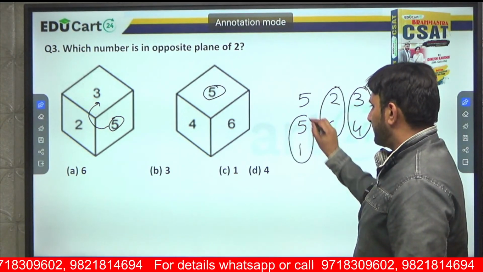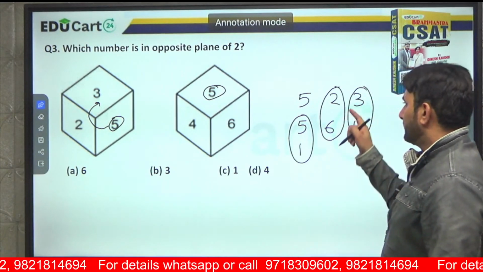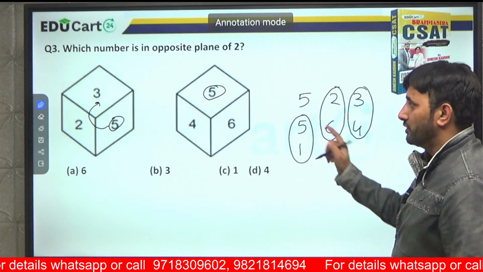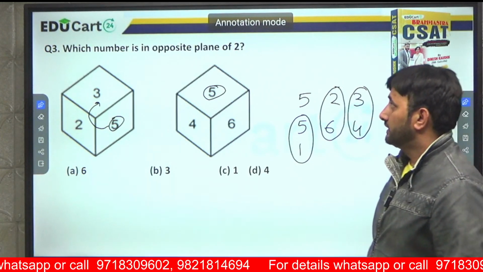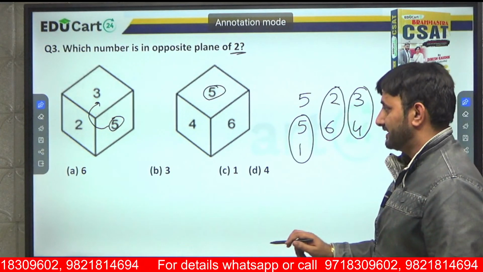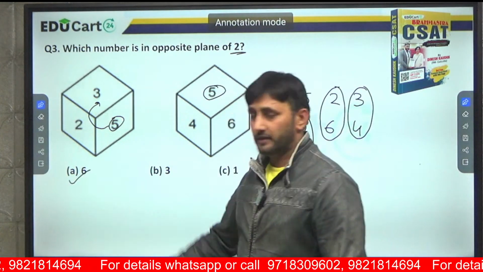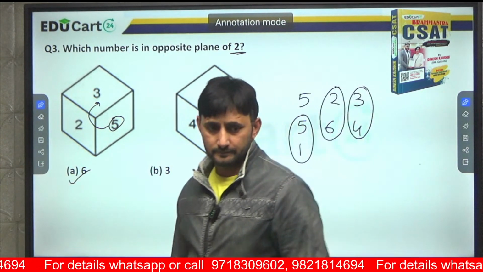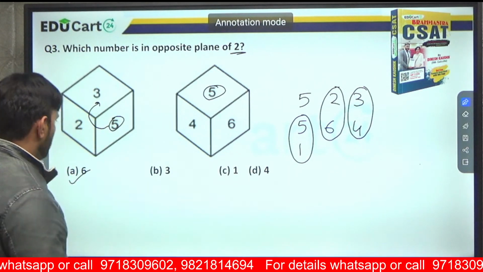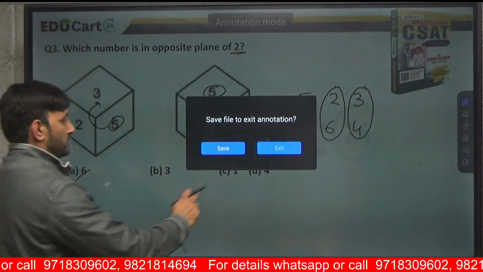So 1 and 5 will be on the opposite sides. So opposite to 2 it will be 6. Answer will be A. Okay, my dear. Fine.